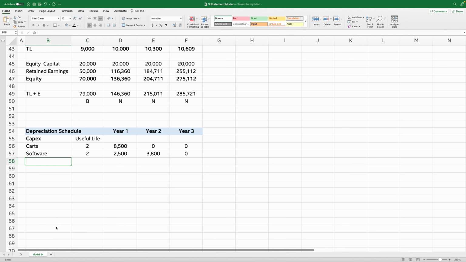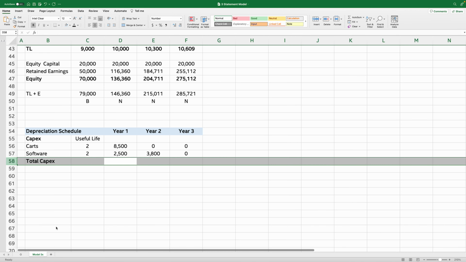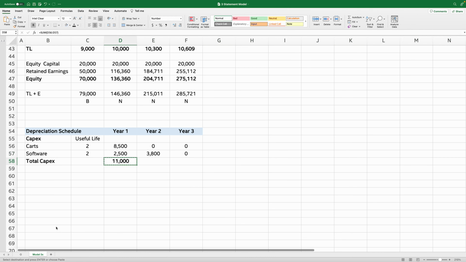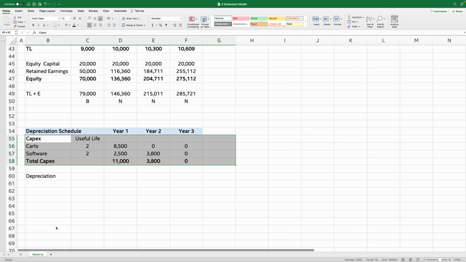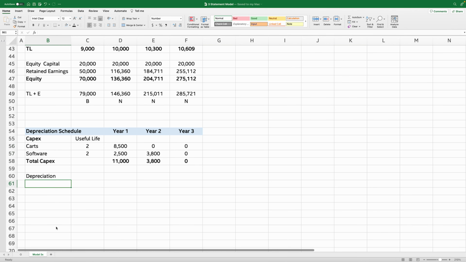So the net or total CapEx is the sum of these two, 11,000 and 3,800. Then we have depreciation. So these are the physical things we're buying, or in terms of software, the intangible things we're buying. They flow into CapEx, and then depreciation is how we're going to depreciate them.